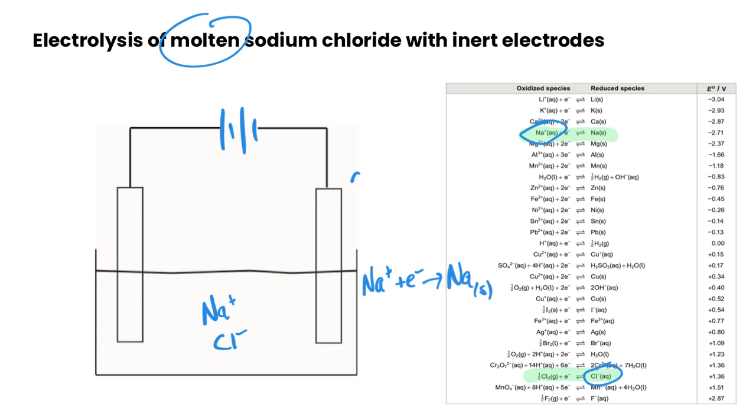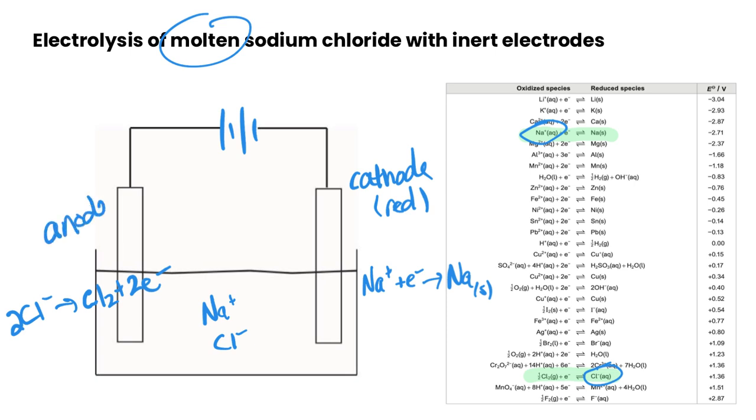So this is our cathode, reduction. And then at our anode, we're having chloride ions becoming Cl2. Maybe let's balance it so we can get rid of that half. So we're creating chlorine gas at our anode where oxidation is taking place.